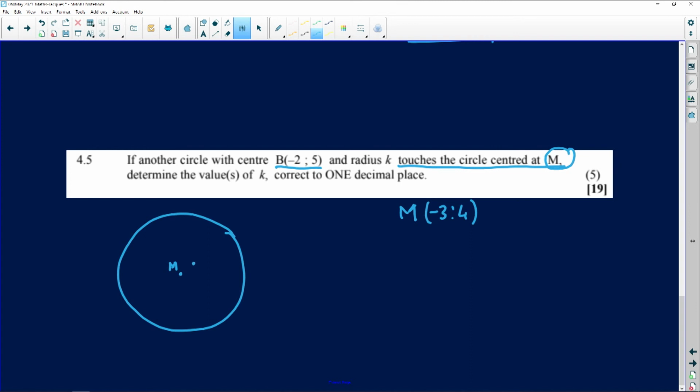So that is now a circle with a center of B. And B has the center minus 2 and 5. And now they're saying to us, determine the values of k if the radius of this circle is indeed k.